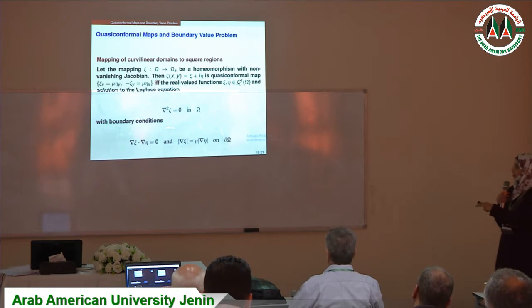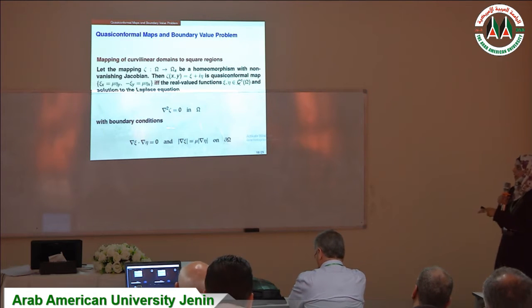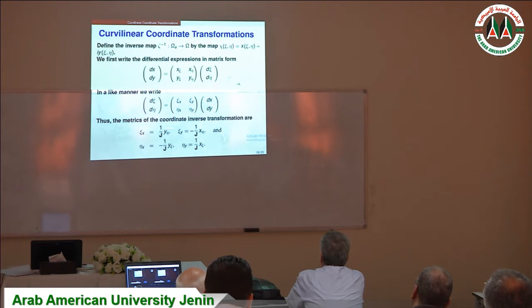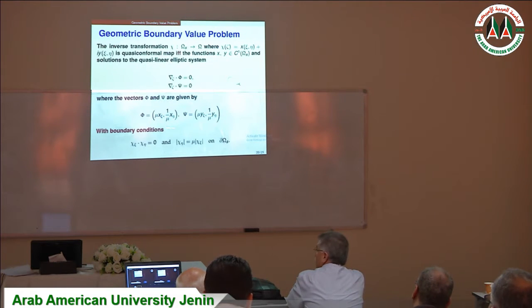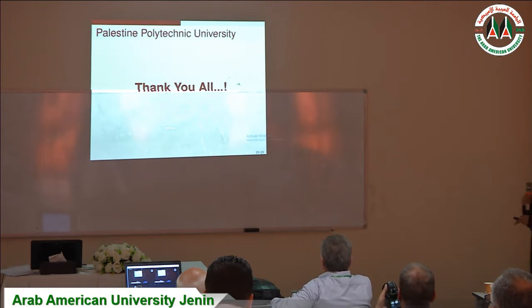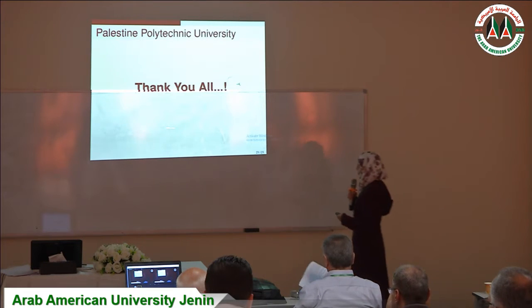Here is some motivation about the boundary value problem and the boundary condition, for which we need to solve the Poisson equation. This we can solve by the finite difference method, finite volume method, or finite element method, which we will discuss, inshallah, with Dr. Ahmed Khamaisi in the next thesis, inshallah.